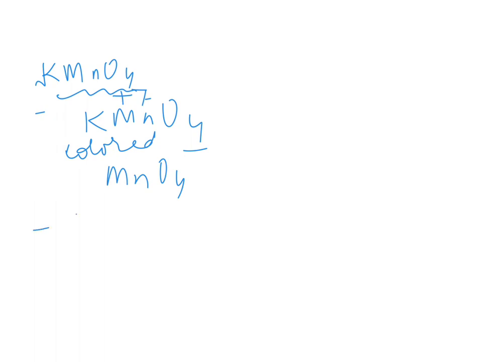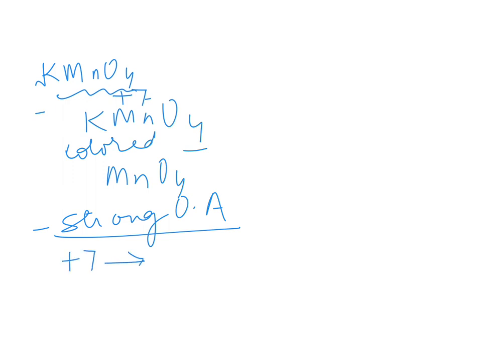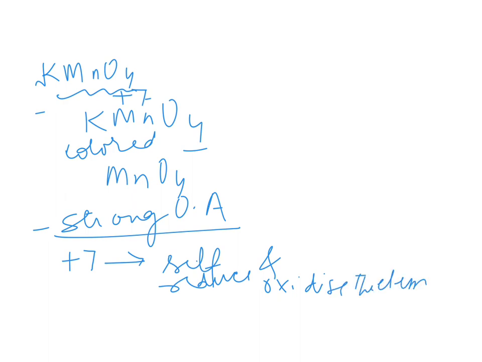This is a very strong oxidizing agent. What does this mean? It has plus 7, so it will reduce itself, that is, self reduction will take place, and oxidize the other. That is the meaning of oxidizing agent.